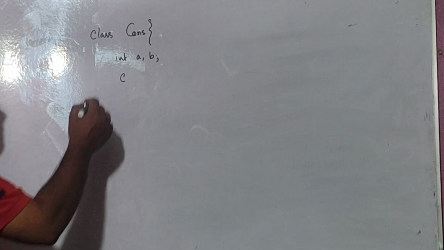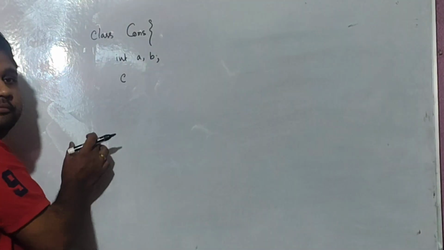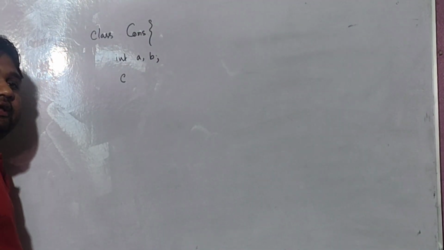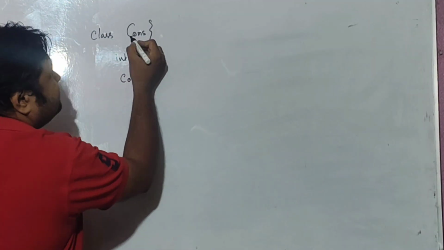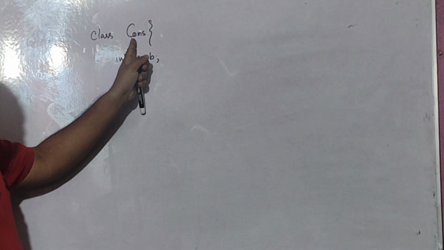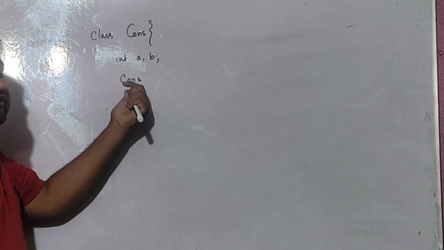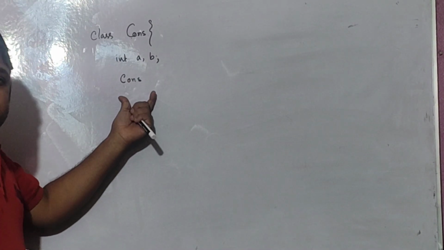Now the example: class CONS, constructor cons. My class name, data members are A and B. Now CONS, my C is capital, so here also C is capital. If C is capital here and C is small there, Java is a case sensitive language, so an error will come.